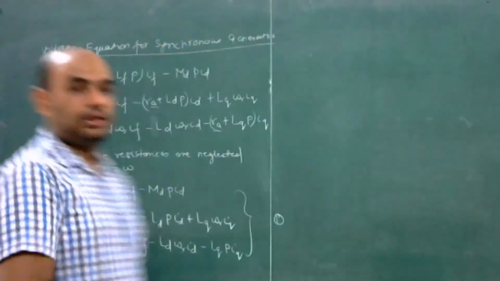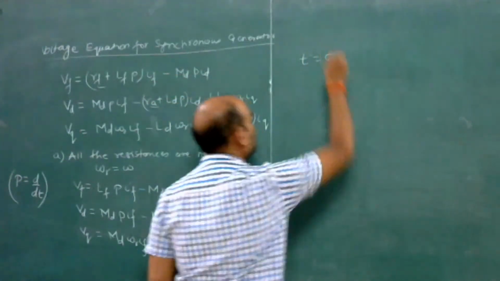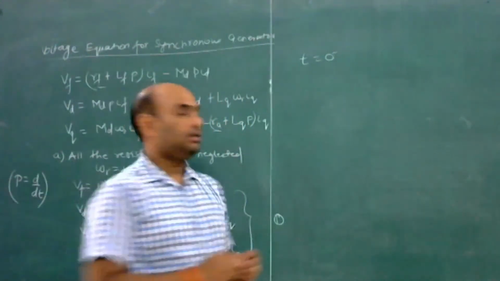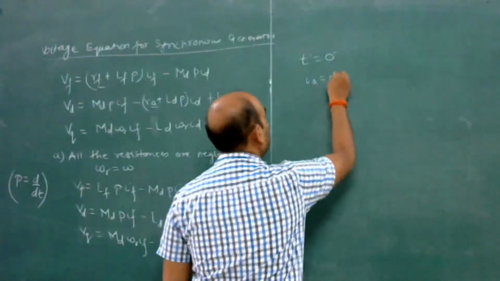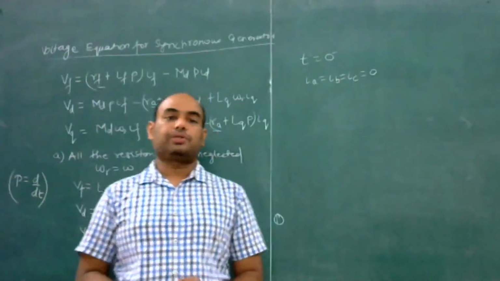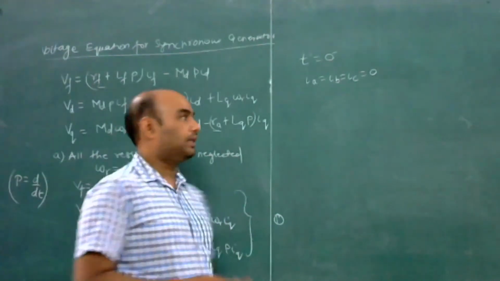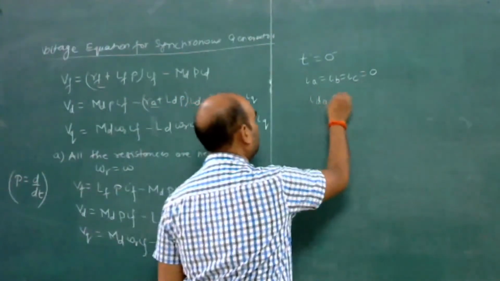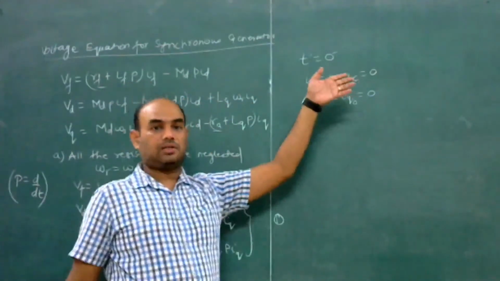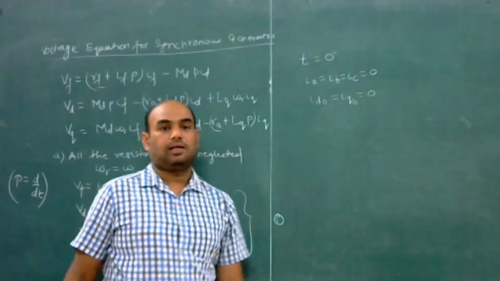Before the short circuit, that is at t equal to 0 minus, the armature currents ia, ib and ic are 0. Therefore both id naught and iq naught are 0. In the last class we have seen that id and iq depend on ia, ib and ic.